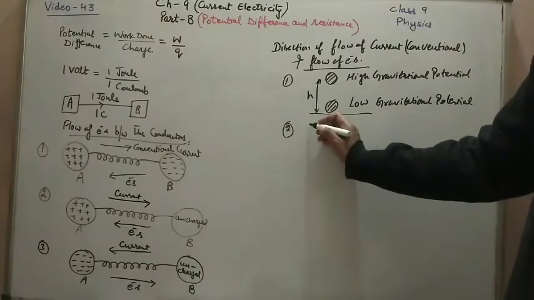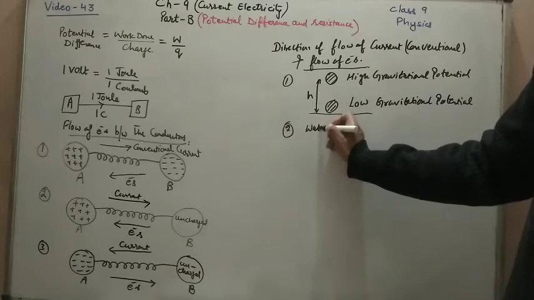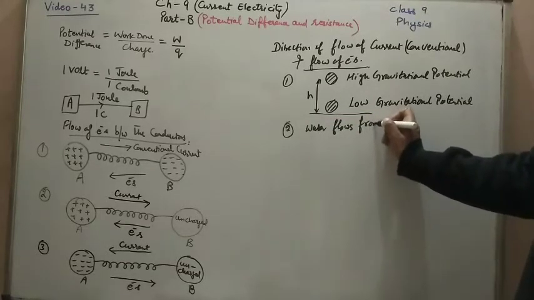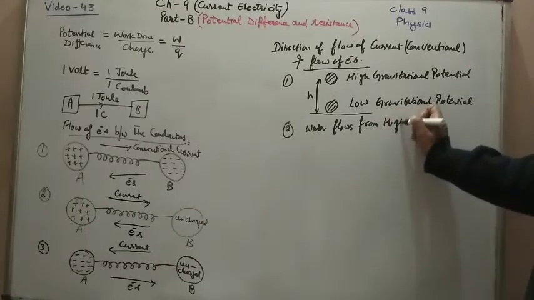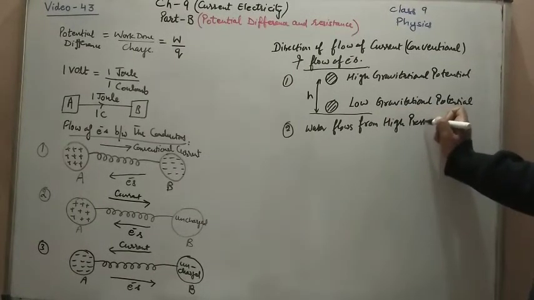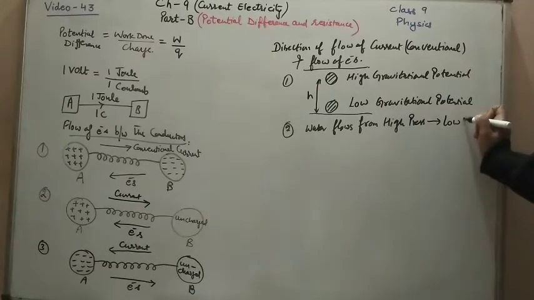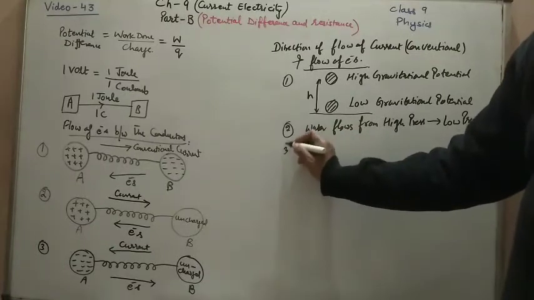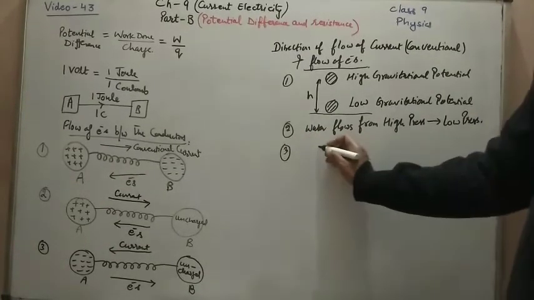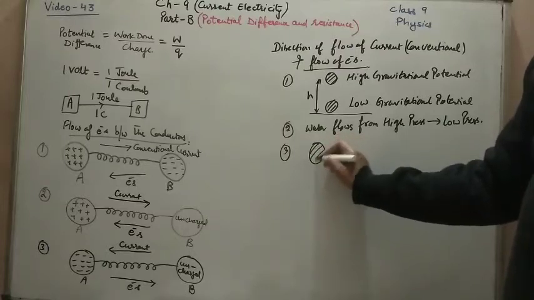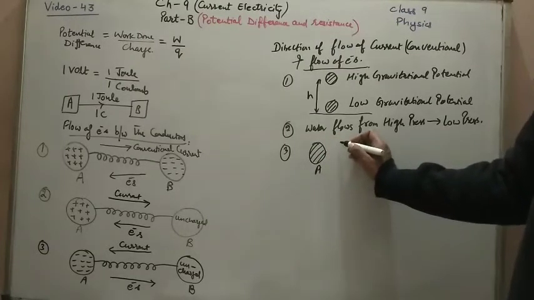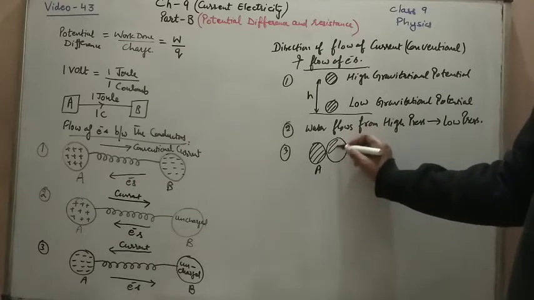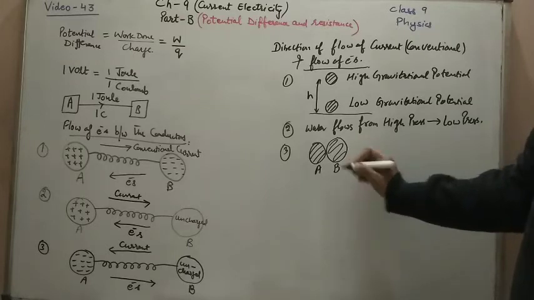A body will move automatically from high gravitational potential towards low gravitational potential. Second, water always flows from high pressure to low pressure. Third one, when two bodies at different temperatures come in contact with each other, this is B body.